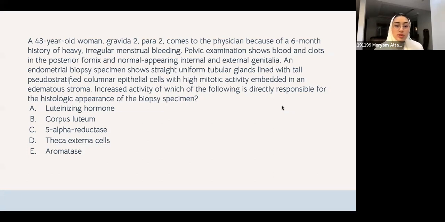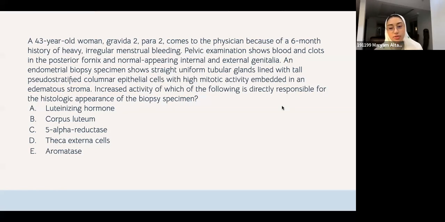A 43-year-old woman, gravida 2, para 2, comes to the physician because of a 6-month history of heavy, irregular menstrual bleeding. Pelvic examination shows blood and clots in the posterior fornix and normal appearing internal and external genitalia. An endometrial biopsy shows straight, uniform tubular glands lined with tall pseudostratified columnar epithelial cells with high mitotic activity embedded in an edematous stroma.